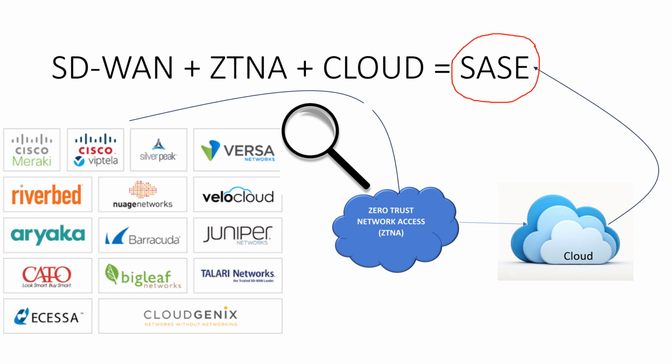SASE converges network and security services into a unified cloud native platform delivered as a service. By integrating SD-WAN and ZTNA along with other security and network functions, SASE provides secure, scalable, and flexible access to applications and resources from anywhere on any device.